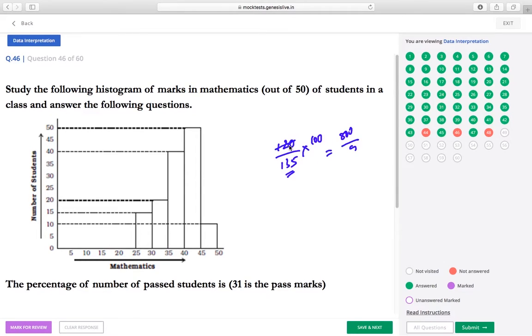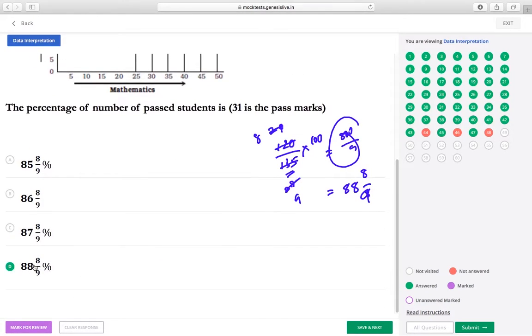If you further solve, 9 8s are 72, and then remainder 8, so the remainder will be 8 by 9. So 88 8 by 9. So answer is option D.